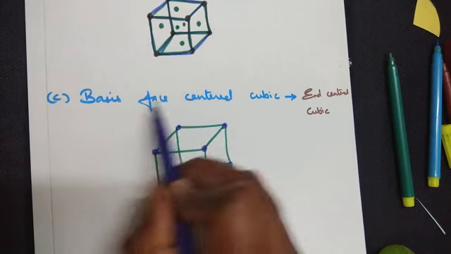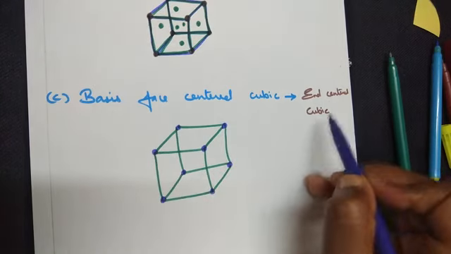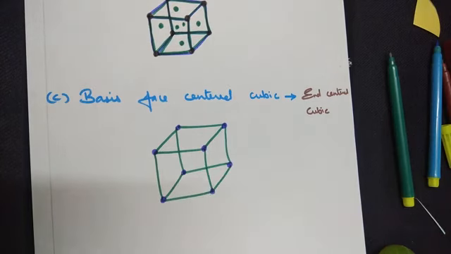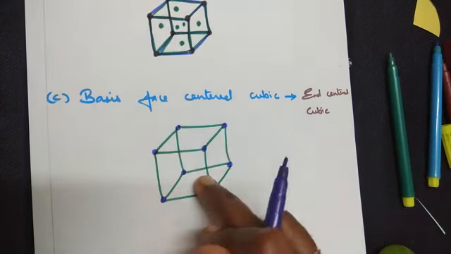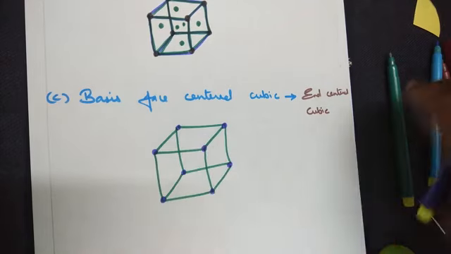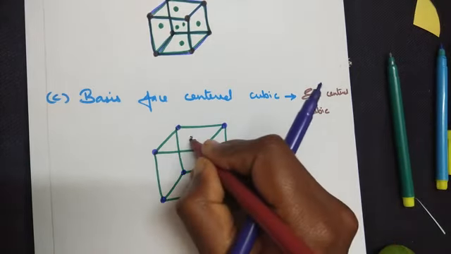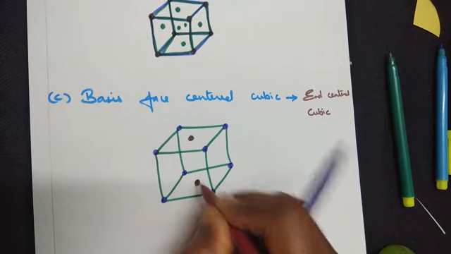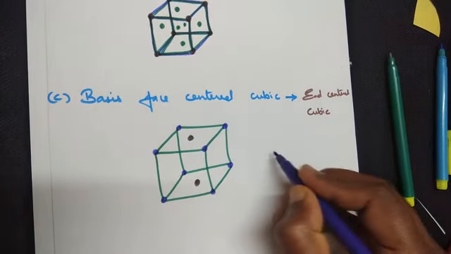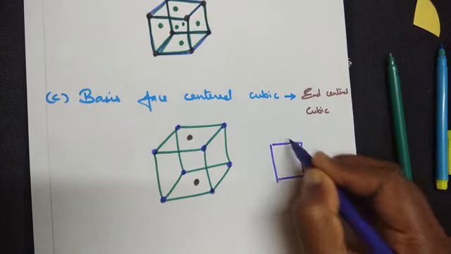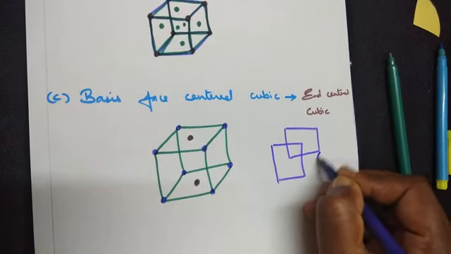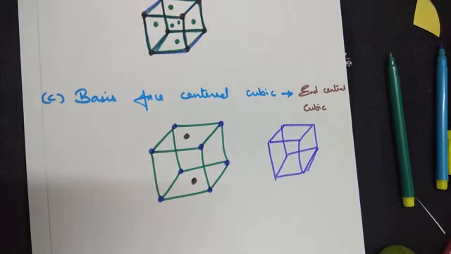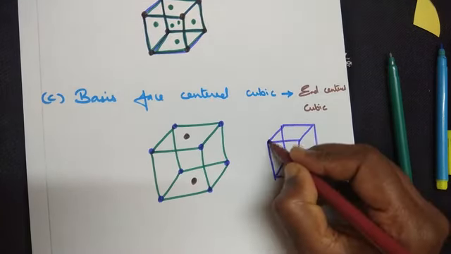When we say basis face centered cubic or end centered cubic, opposite faces alone will have a particle in them. Suppose I take these 2 to be the opposite, I will have a particle here. And if the opposite is this side here, we'll have a particle here. On the other hand, if I draw one more structure here, how many particles are present?